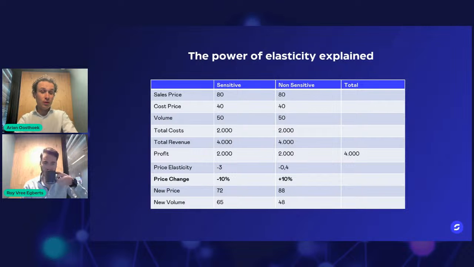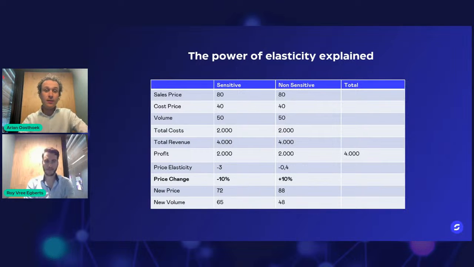The elasticity score says that you sell 3 times 10%, so 30% more, because the elasticity score is -3 and the price change is 10%. And for the non-sensitive item, it's only 4%. So the difference between the old volume and the new volume, 50 versus 48, is only 4%.